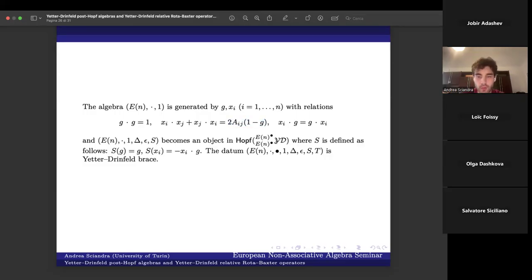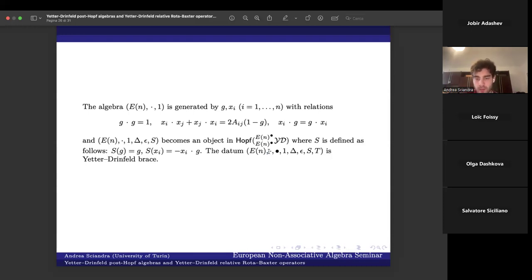And this new product with a new antipode S defined such that it fixes G, and on an xi it is given by minus xi G, in fact, gives us a Hopf algebra in the category of Drinfeld modules over the Hopf algebras En. And again, we obtain a Drinfeld brace, putting together these two structures.